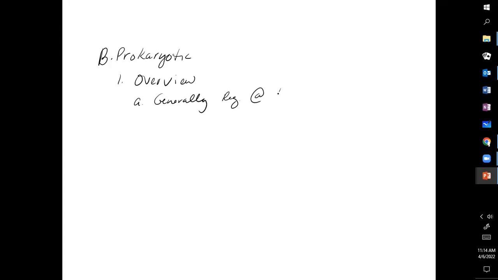Now let's dive into some details about prokaryotic gene regulation. Just as an overview, before we get into a specific scenario, generally, gene expression is regulated at the level of transcription.